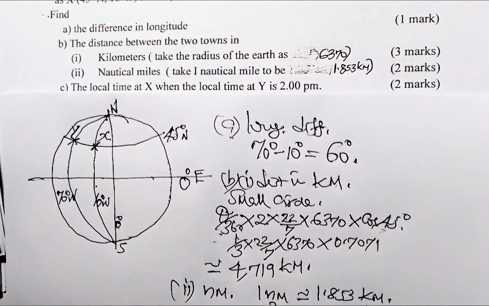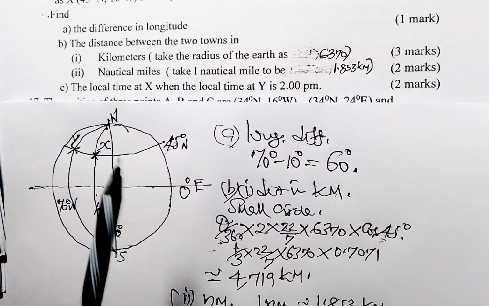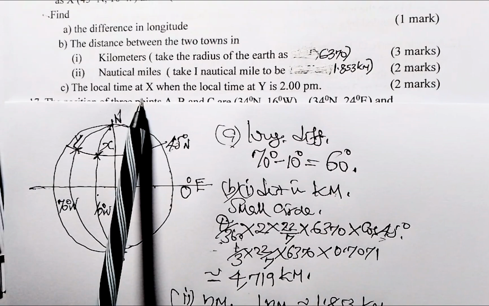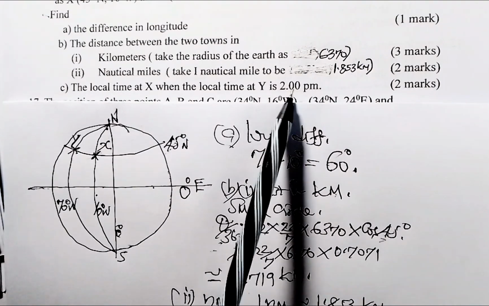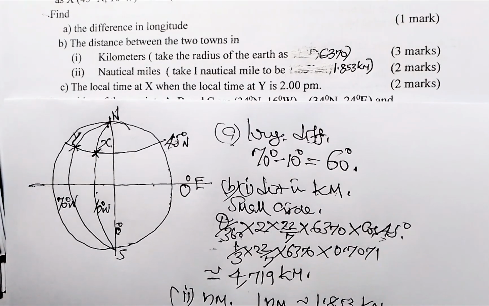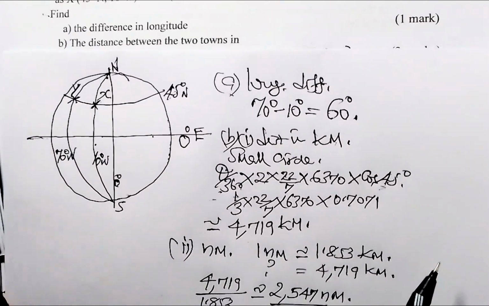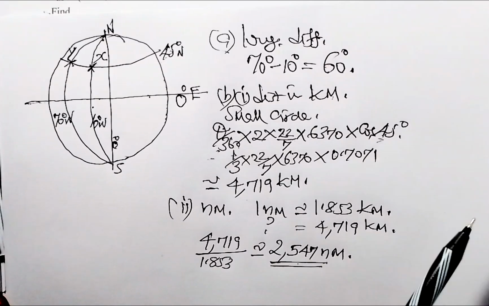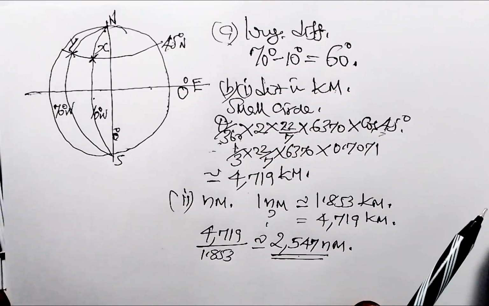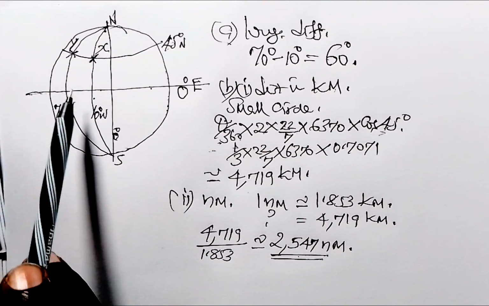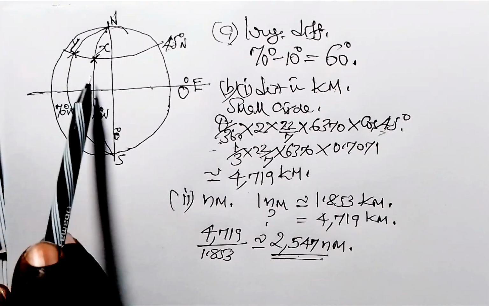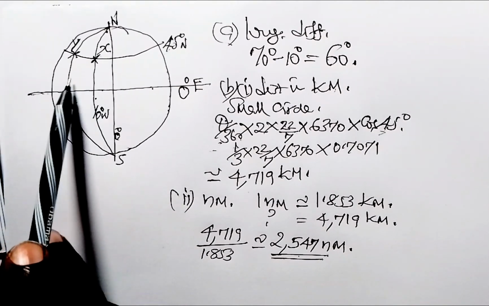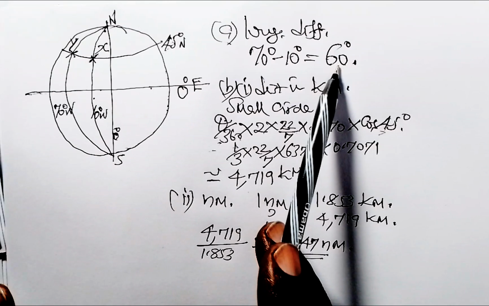Finally, you're told the local time at X when the local time at Y is 2 p.m. Now, time difference. If we look at our diagram, X and Y are 60 degrees apart.